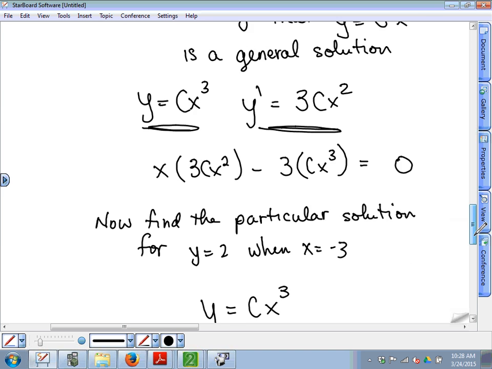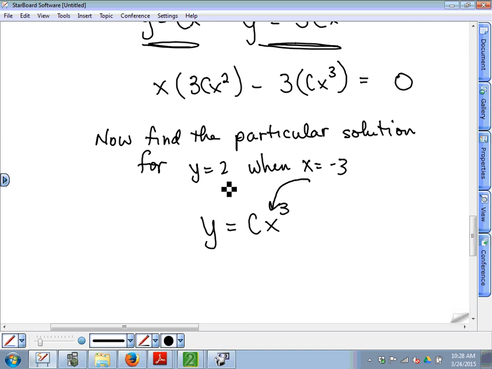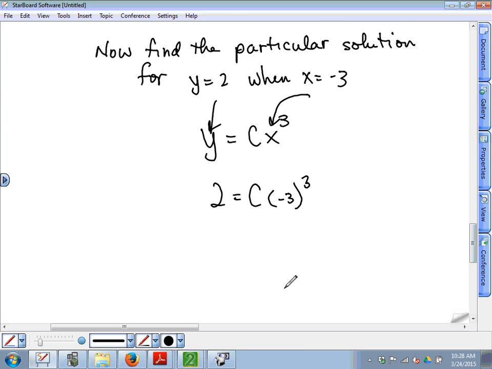So we plug in a 2 for y and a negative 3 for x, which gives negative 27c. Divide that over, so c equals negative 2 27ths. So a particular solution would be y equals negative 2 27ths x cubed.